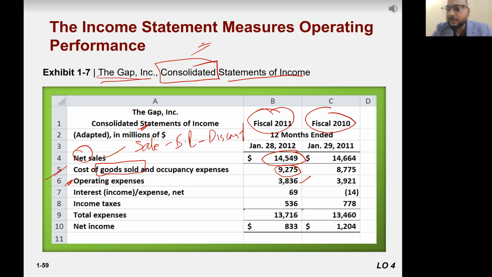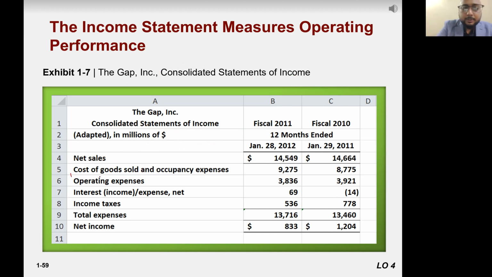Supervisor salaries, watch guard salaries, security guard salaries, driver salaries, this kind of stuff. So this specific cost of goods sold means the cost incurred on these goods to make.